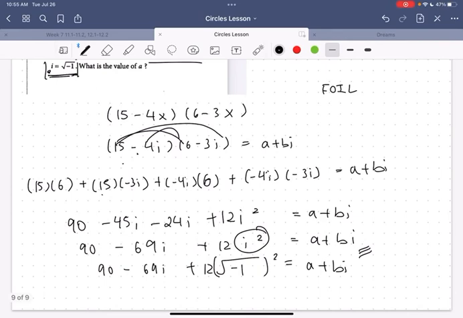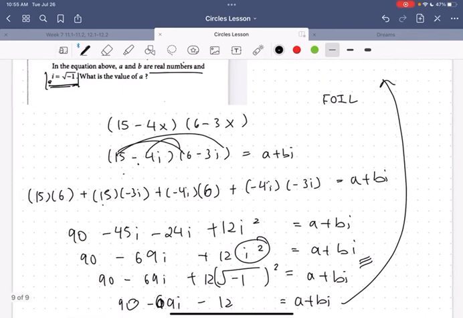Oh, I'm running out of space. That gives you 90 minus 69i minus 12, because the squared and the square root cancel, so you get a negative, and you get that equal to a plus bi.